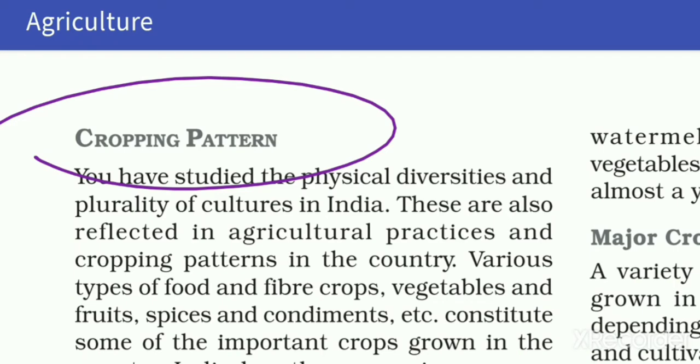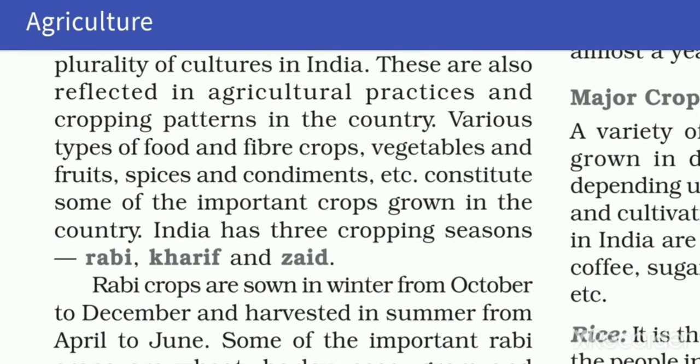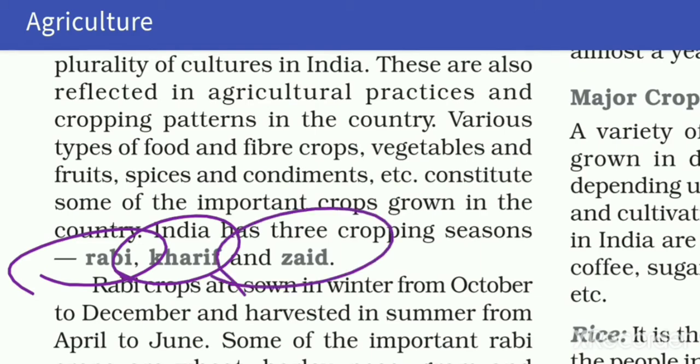The first one is Rabi, the second one is Kharif, and the third one is Zaid. These three cropping seasons are mainly found in India, in which various types of food and fiber crops, vegetables, fruits and spices are grown. So let us talk about all these cropping seasons one by one.